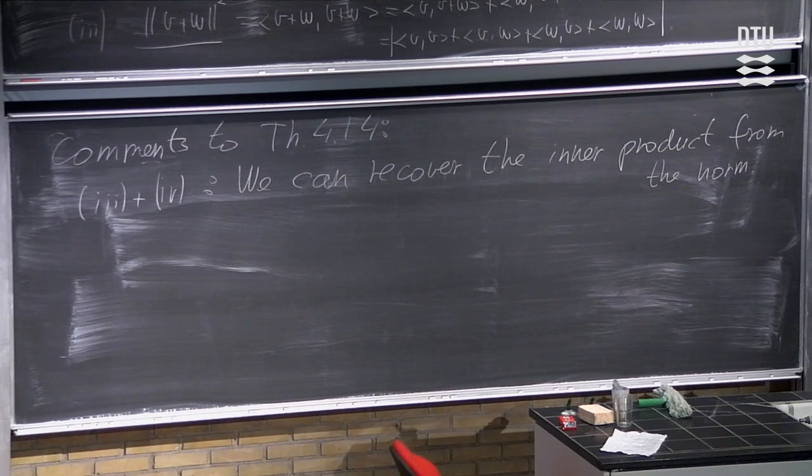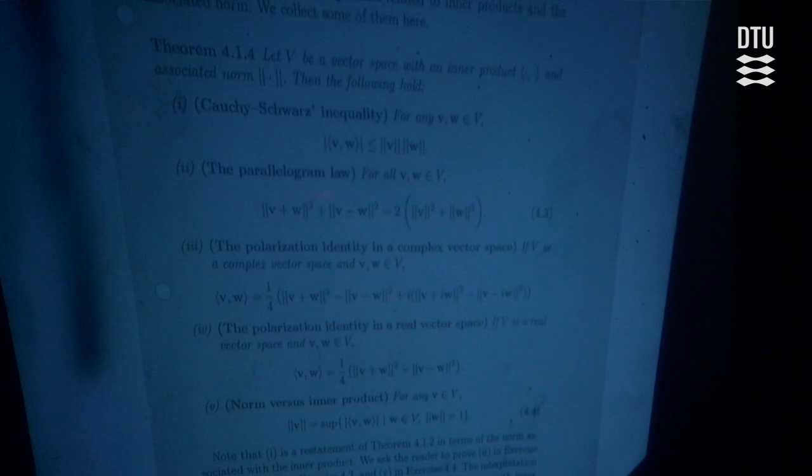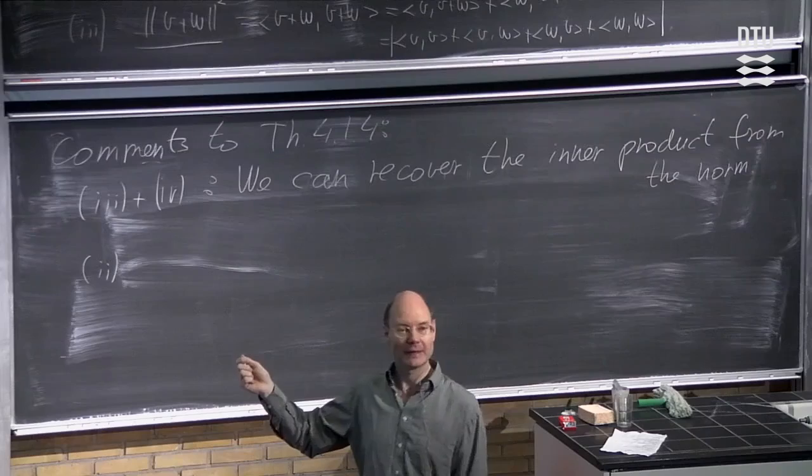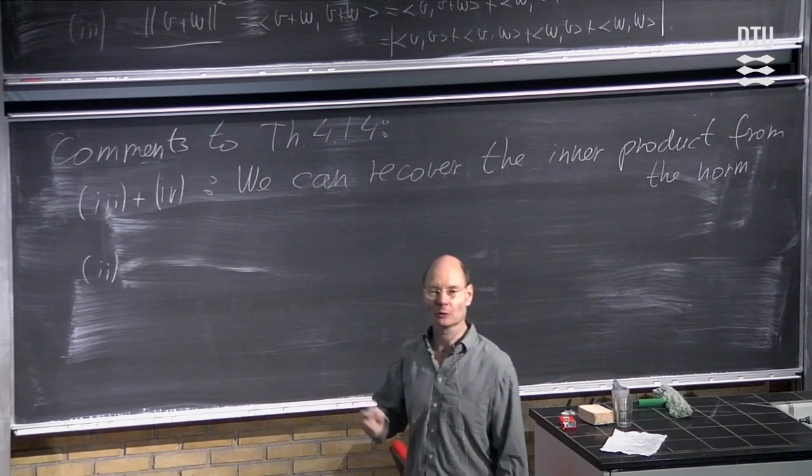There's one more of them that I would like to say just a few words about, and that's point 2, the parallelogram rule. It turns out that there are many vector spaces where you don't have an inner product. We have just defined vector spaces with inner product, but there are a lot of normed vector spaces where you don't have an inner product.